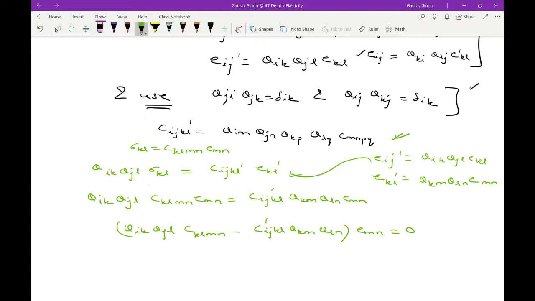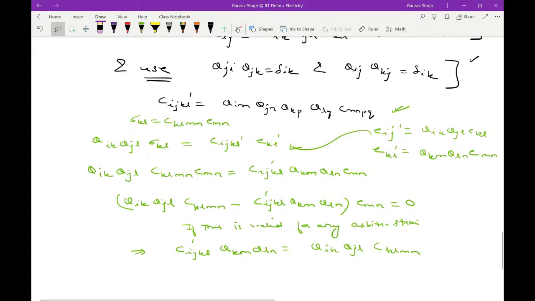So now you have to throw out this Ql on this side. So clearly, if this is valid for any arbitrary strain, this would only mean that Cijkl dash Qkm Qln is equal to Qik Qjl Cklmn.